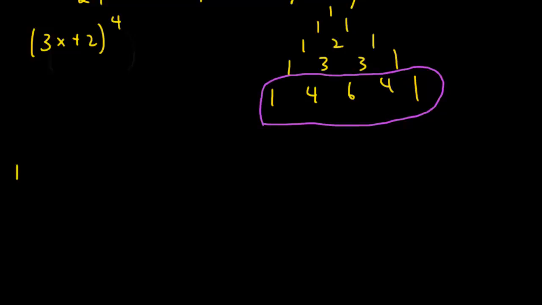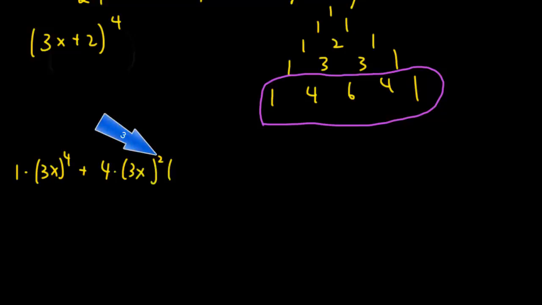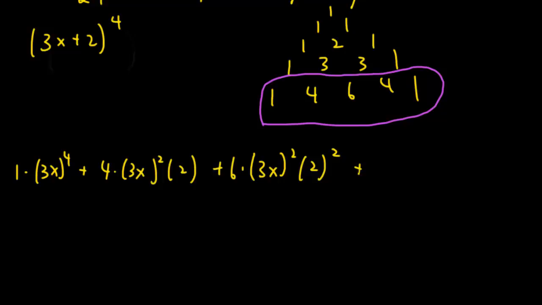We have 1 multiplied by 3x raised to the power of 4, plus 4 times 3x cubed times 2, and then plus 6 times 3x squared times 2 squared, plus 4 times 3x multiplied by 2 to the 3, and then plus 1 times 2 to the 4th.